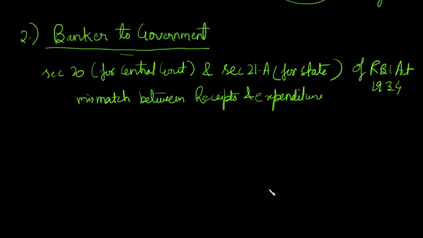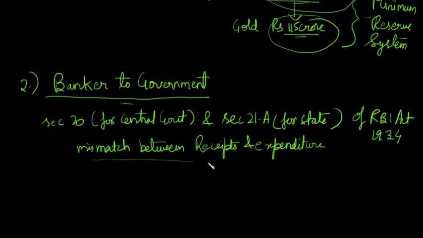So it is just like that. When the government comes in that situation, RBI provides the credit, the necessary cash flow to the central or state government. And this phenomenon of providing necessary credit to state and central government is known as receipts and expenditure of government.